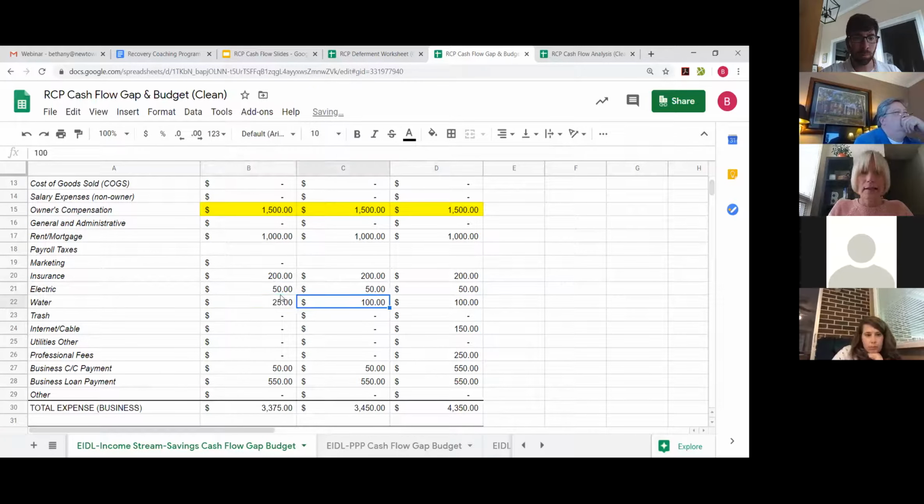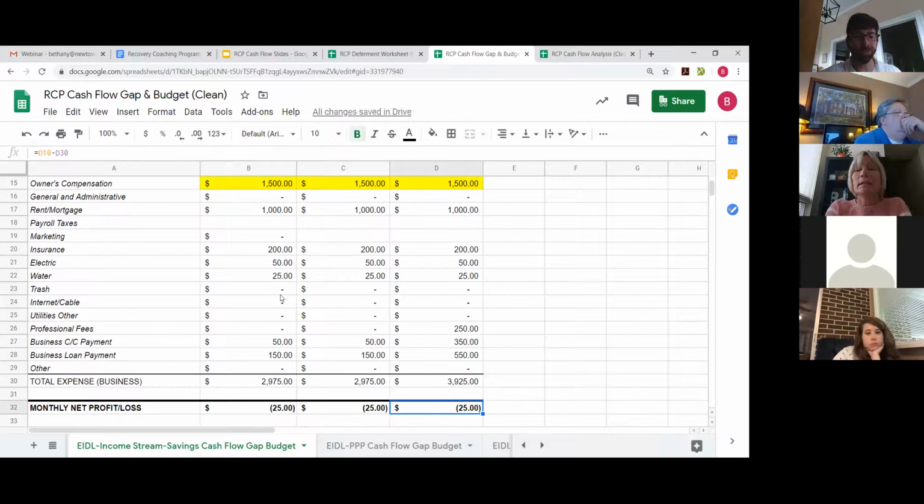My water's down to, if I'm closed, that's 25, not 250. I kept my internet off. I left that professional fee, because you may have to start paying an accountant to file those July taxes. And then I left this deferred as well.